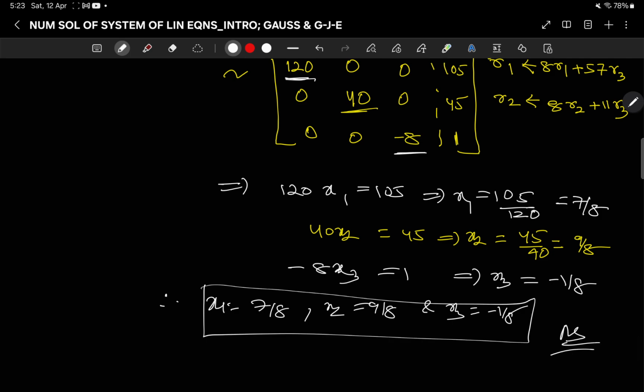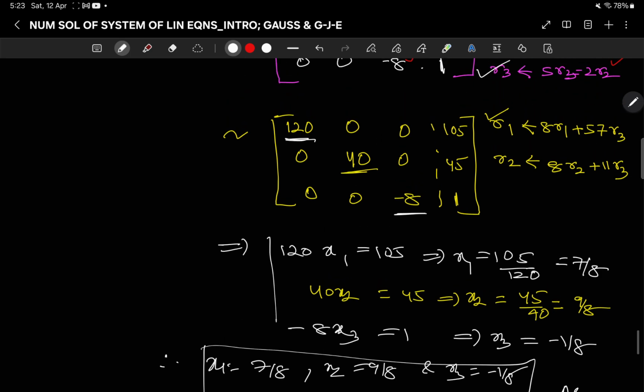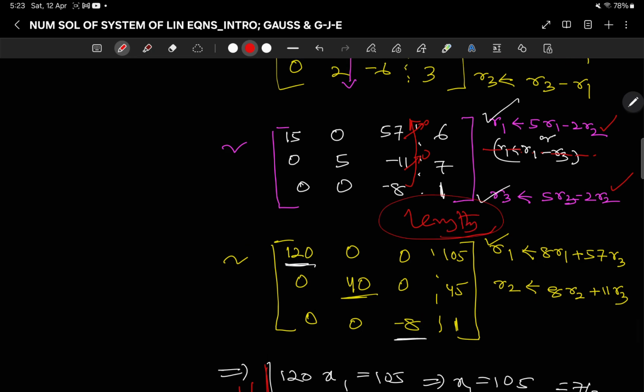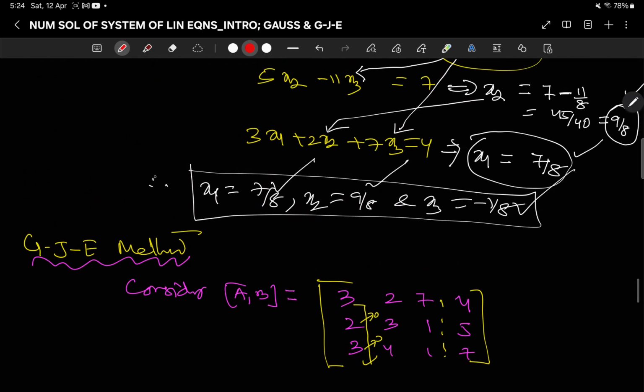So though we get the answer directly here, this computation is lengthy, is it not? So we should prefer the Gauss elimination method.